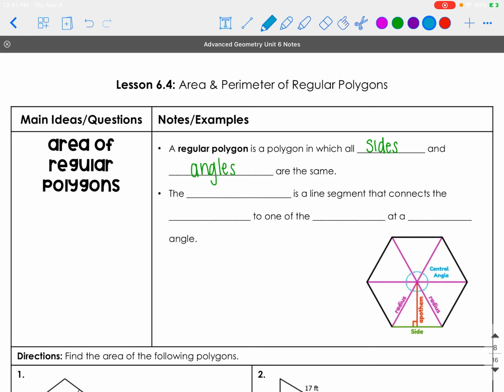There's something called the apothem, and that is a line segment that connects the center to one of the sides at a 90-degree angle.